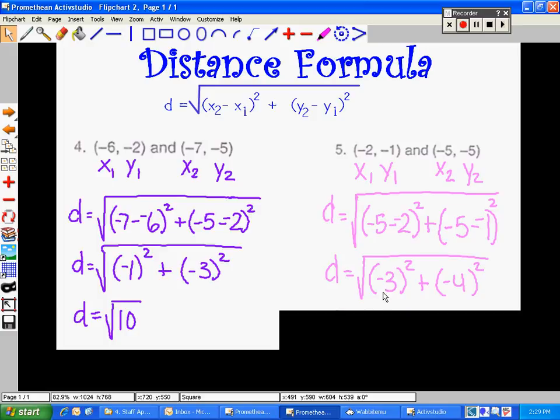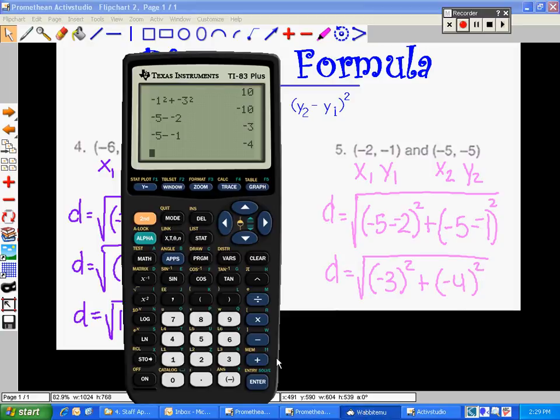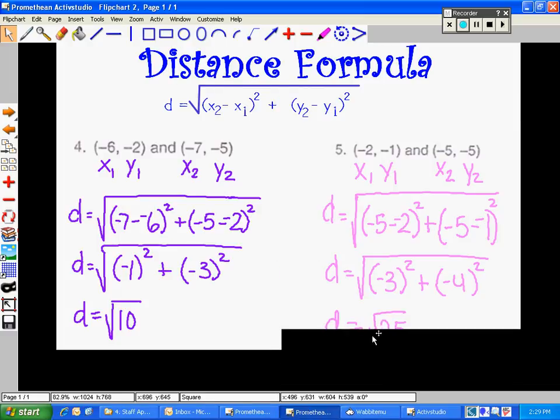So I get square root of parentheses -3 squared plus -4 squared. I'm then going to type this into my calculator. Parentheses, -3, close parentheses squared, plus parentheses, -4, close parentheses squared. I then hit enter, I get 25. So this simplifies to the square root of 25.